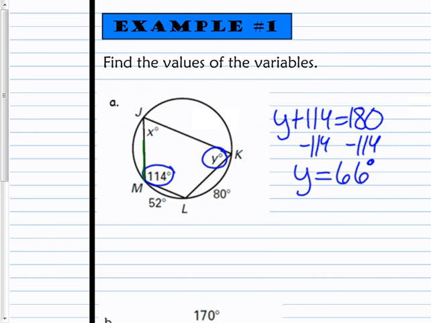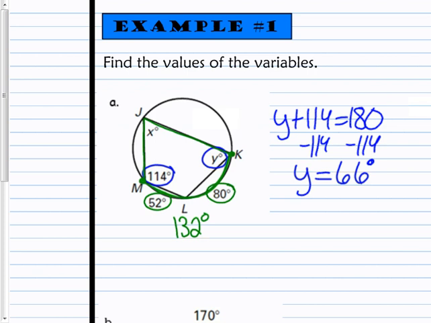Now I'm going to look at x. I see that angle x is this angle right here, all the way from M to K. So this angle intercepts this arc. Well, this arc is 132 degrees total when you add up 52 plus 80.